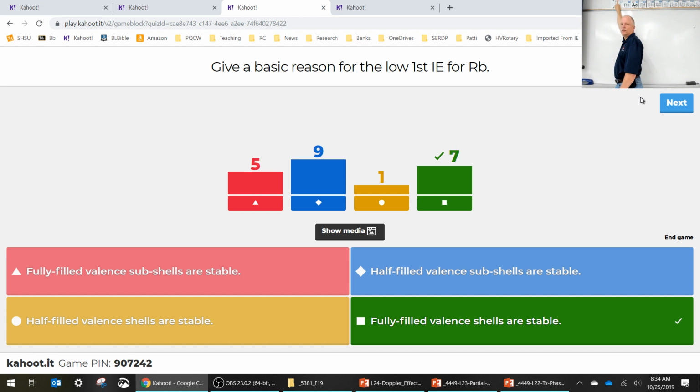No. But the cation does. So remember this, it's got a low first ionization potential. The cation is stable, so because the cation is stable, it has a low IE. Remember? Okay, so let's do the next one.